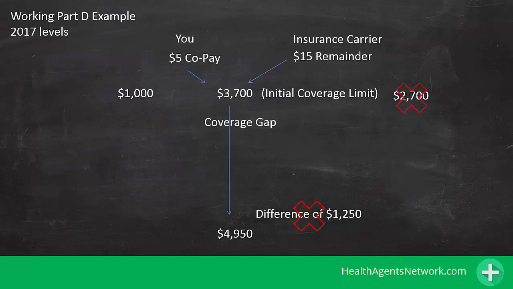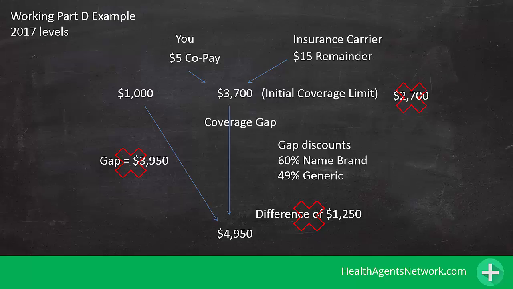Medicare is going to ignore that $2,700, and they're going to only look at what you spent out of pocket. So your coverage gap is from your $1,000 to $4,950, or in this case, $3,950. However, you do have some relief, because in 2017, you're going to actually have a discount of 60% and 49% off generic drugs once you hit the coverage gap.